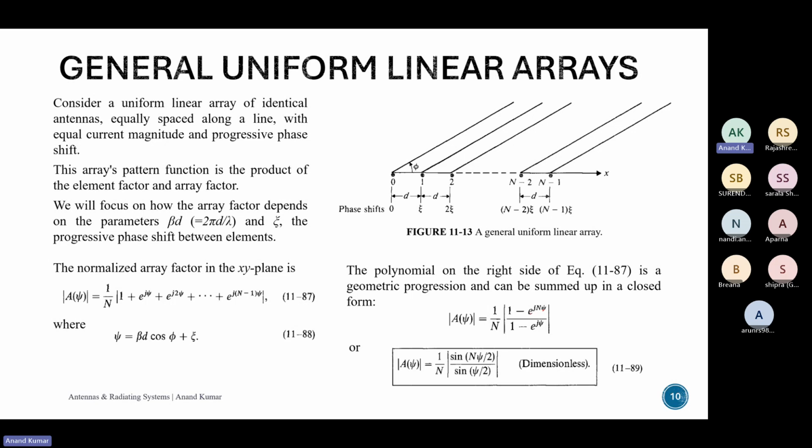What we can do is take e power j n psi by 2 common, and then we'll have e power minus j n psi by 2 minus e power j n psi by 2.